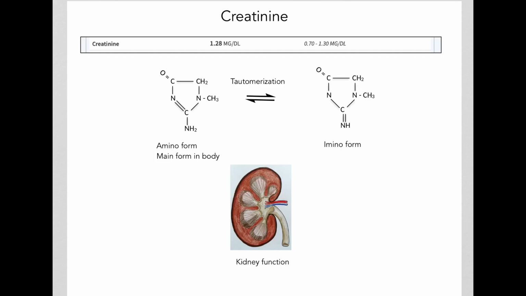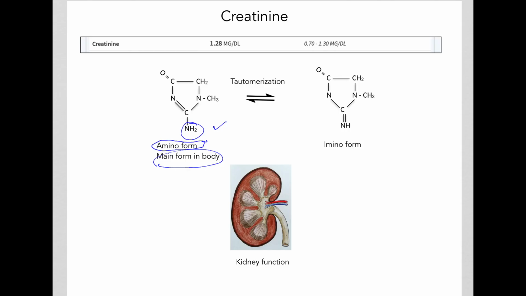So here is the chemical structure of creatinine. It has several tautomers. The two major ones are shown here. The amino form is the major form that is found in our skeletal muscles and in our body water.